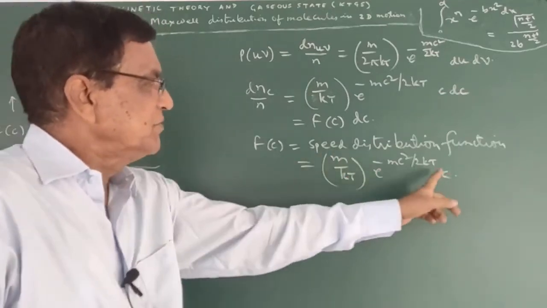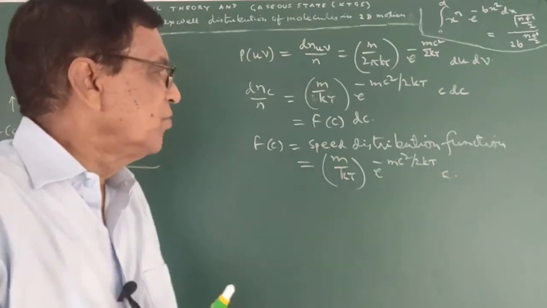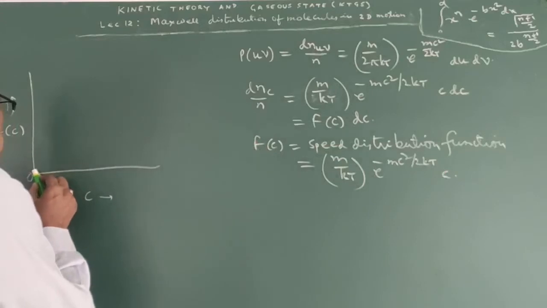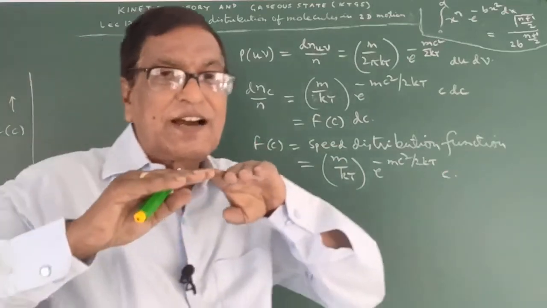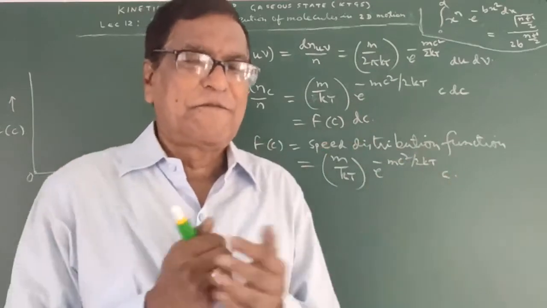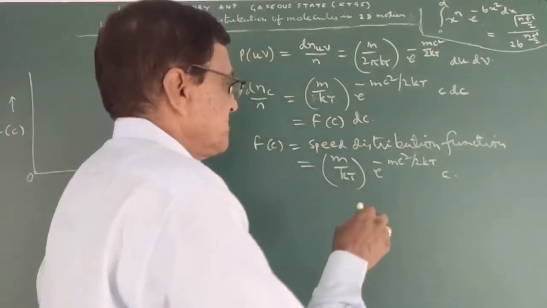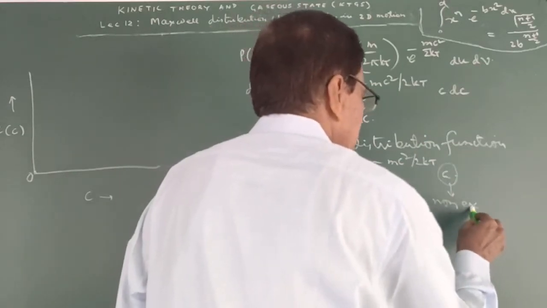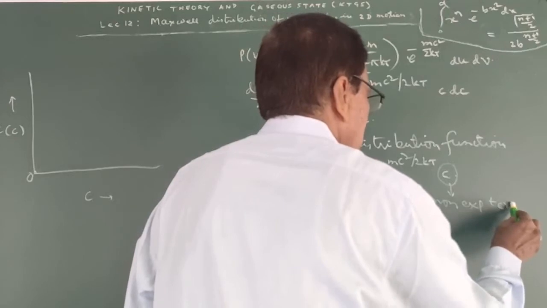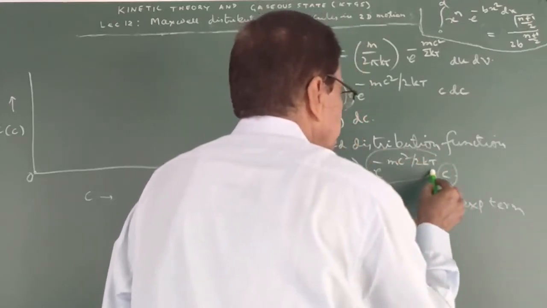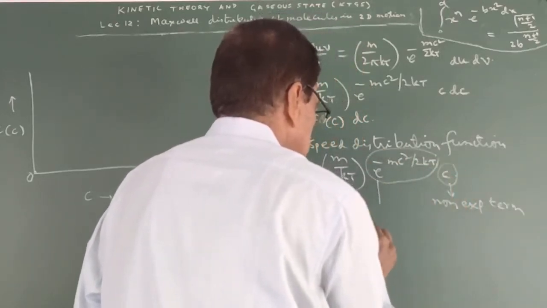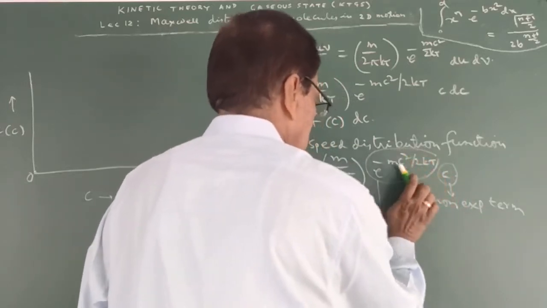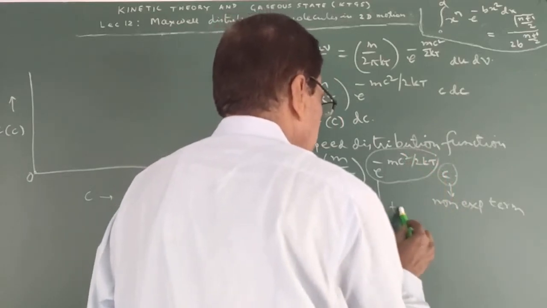So whenever c is equal to 0, then f(c) is also equal to 0. So this curve will start from the origin. And here there are two terms. Here c is the non-exponential term, and this one is the exponential term.